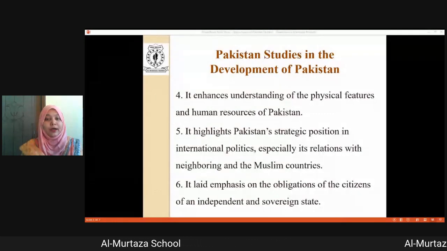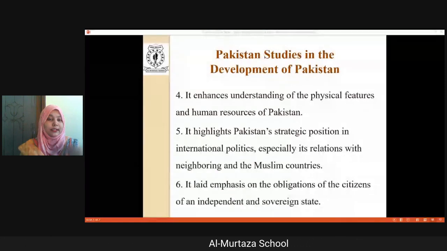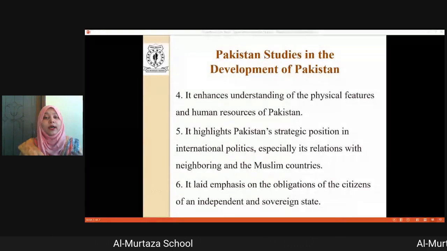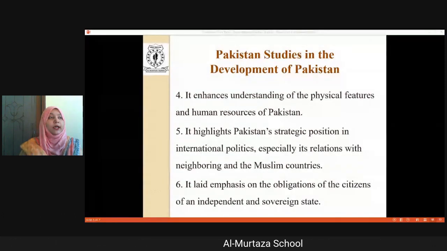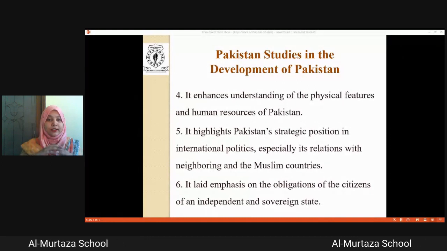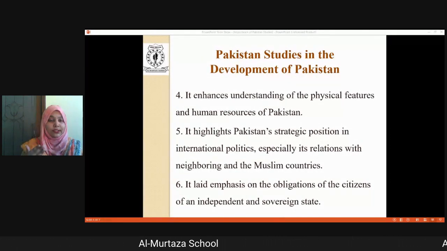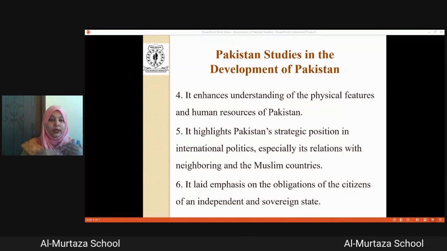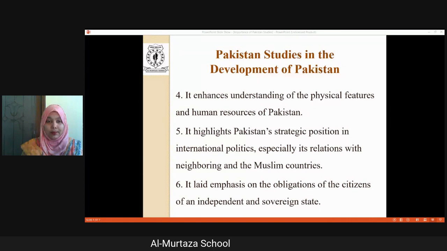It highlights Pakistan's strategic position and international policies, as I've mentioned before, especially its relation with neighboring and Muslim countries. Strategic position matters a lot. It means where Pakistan is situated, which countries lie in the surrounding, how all of these countries are interconnected, and how trade and commerce can be built up.